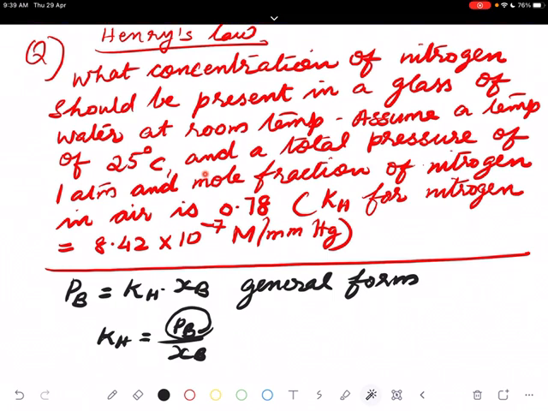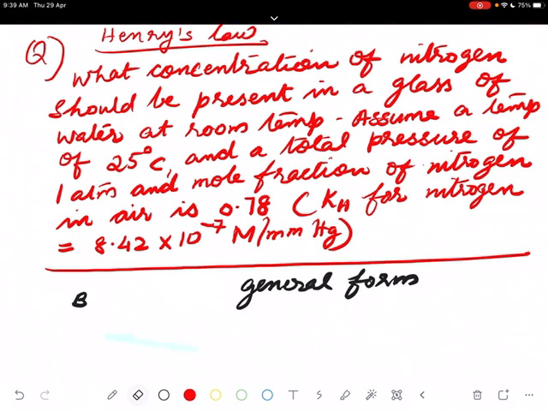So we are going to the other form. What is the other form? XB is equal to KH into PB. So I'm changing this equation.